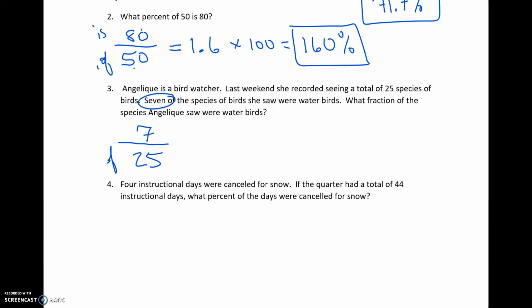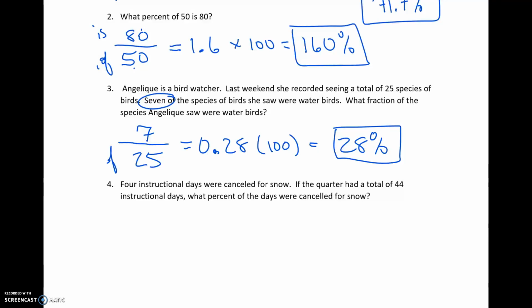So again, we know the smaller number has to go on top here because it doesn't make sense to have more than 100% of the birds being a certain type. So on my calculator, I'll do 7 divided by 25, which gives me 0.28. Multiply that by 100, and it turns out to be 28%.